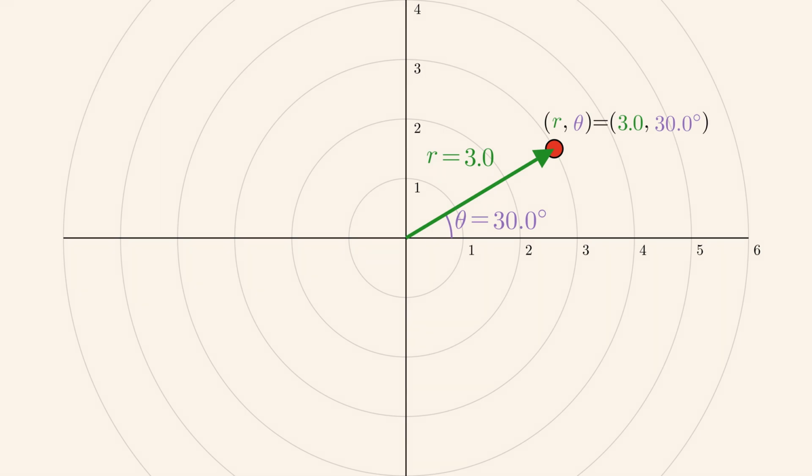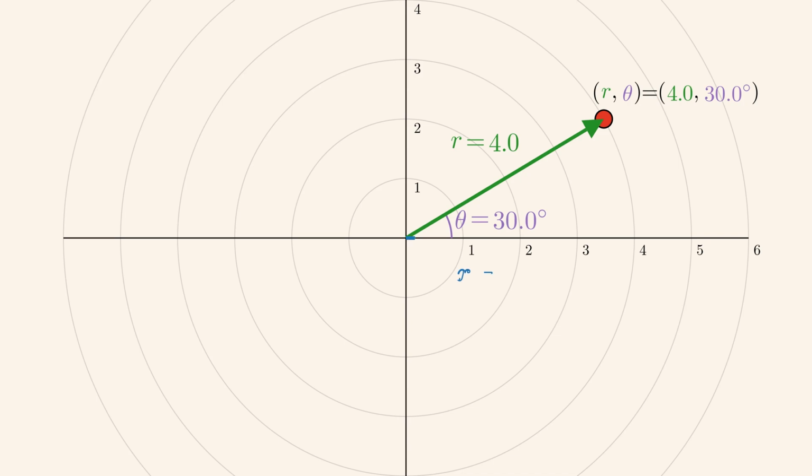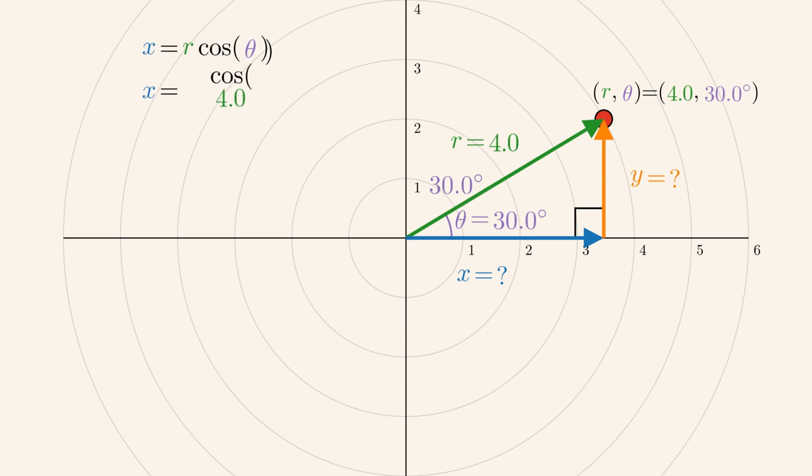Earlier, we converted Cartesian coordinates into polar coordinates. But what if we are given the polar coordinates and need to find x and y instead? We can do this using basic trigonometry. First, we set up an equation to get the value of x.